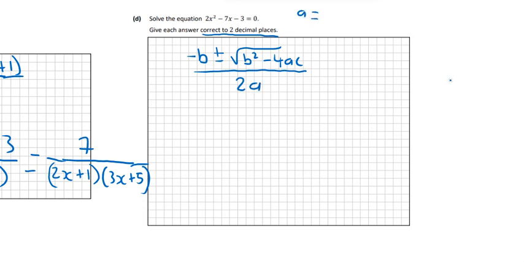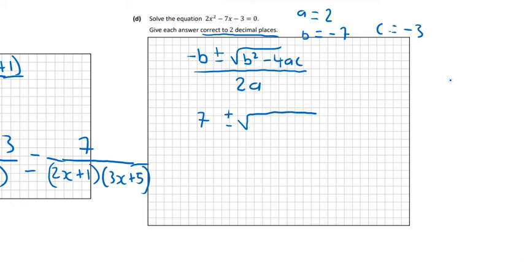So let's see what a, b, and c are. a is always the number in front of the x squared, so that's 2. b is always the coefficient of the x, or what's in front of the x, so that's minus 7 in this one. And then c will be the last term, so minus 3. So minus b, because b is minus 7, it's going to be minus minus 7, and that's going to turn into plus 7, plus or minus.